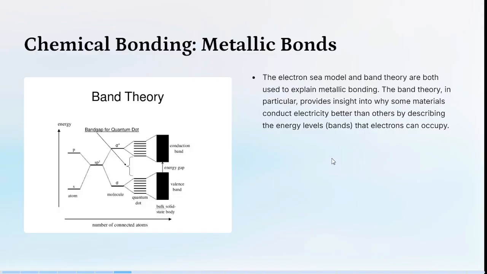In particular, band theory provides insight into why some materials conduct electricity better than others by describing energy levels and how electrons occupy them. When we get into hybridization and quantum theory in chemistry, we'll understand band theory in detail. It is also a theory that tries to explain why some metals conduct better than others.